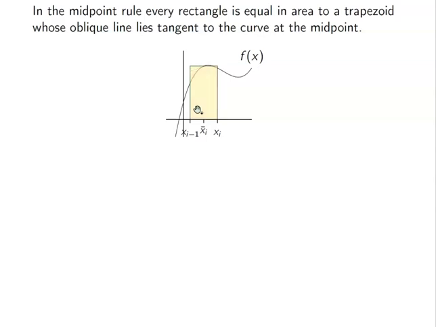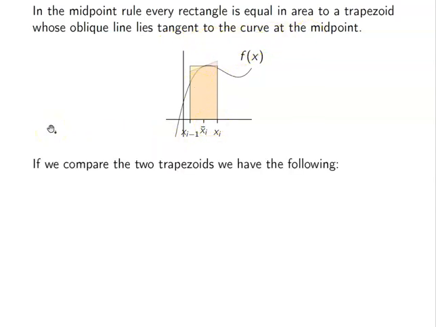The area here in yellow is the same as the area in red or pink. So for the midpoint rule, every rectangle is equal in area to a trapezoid whose oblique line lies tangent to the curve at the midpoint.